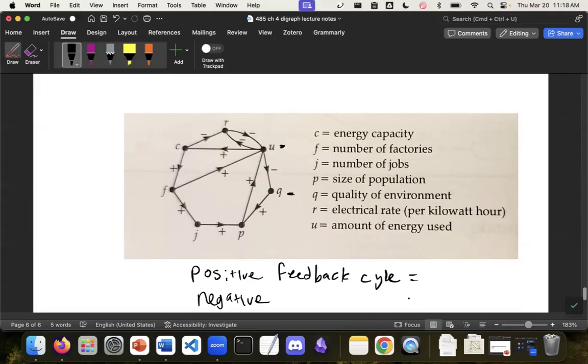A negative cycle has an odd number of negative edges, and a positive one has an even number of negative edges. So that's something we can just look at the graph and see.